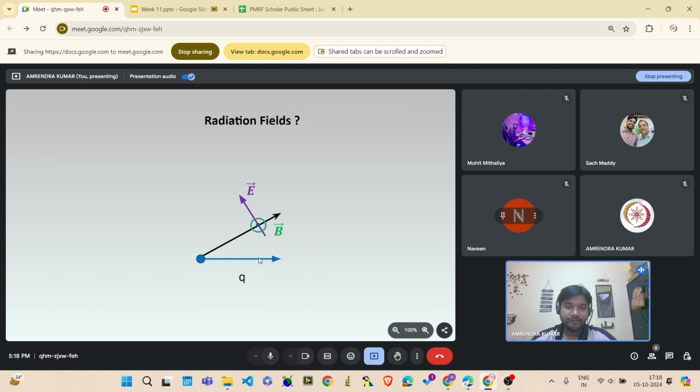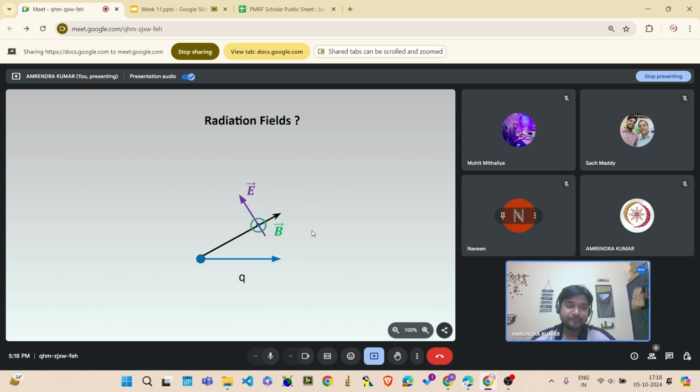And if it is moving with constant velocity, then you will also find that at a point somewhere here, it will have the same distribution of electric field and magnetic field. If q moves here, it's the same system just translated.